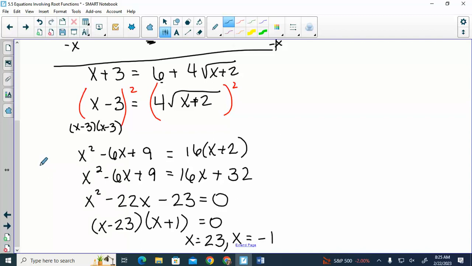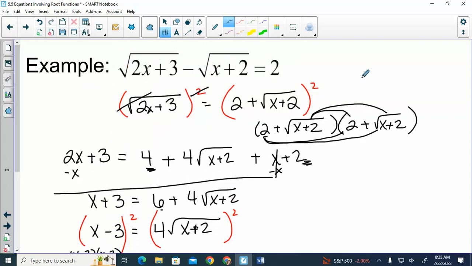Oh, but the one doesn't work. So 23 works. You get square root of 49 minus square root of 25, which is 7 minus 5, which is 2. And negative 1, was that the other one?